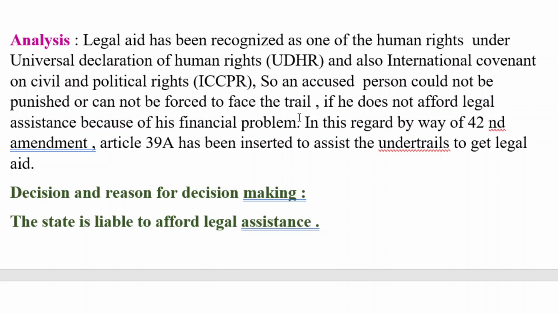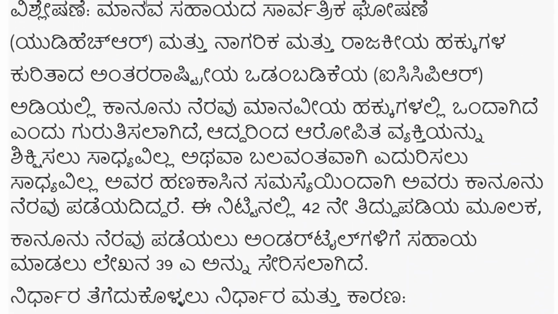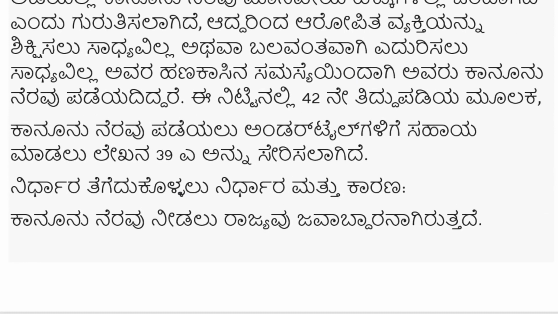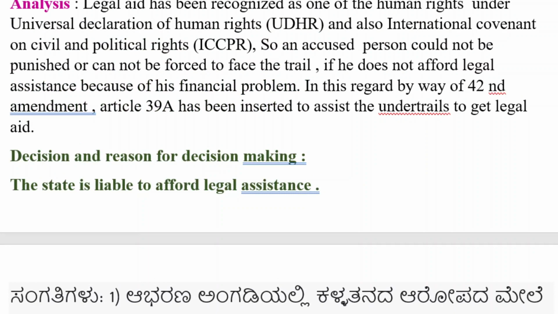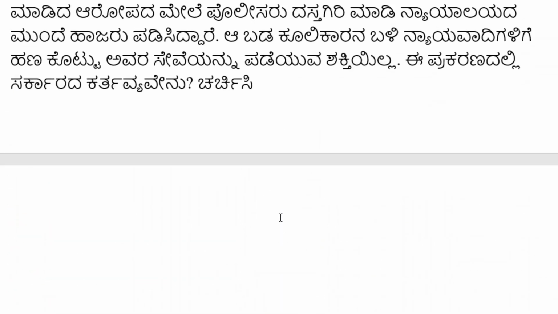The amendment has been made to the Indian Constitution by Article 39A by the 42nd Amendment, so that legal assistance should be given to the accused to defend his case. So the state is liable to give legal assistance to defend the accused. So in this way we have to solve the problem solving questions with regard to the theory question.